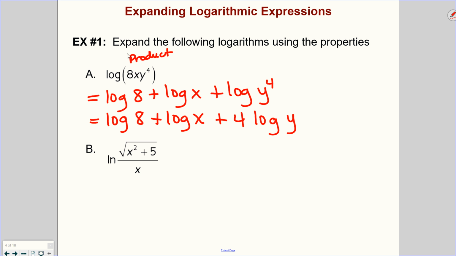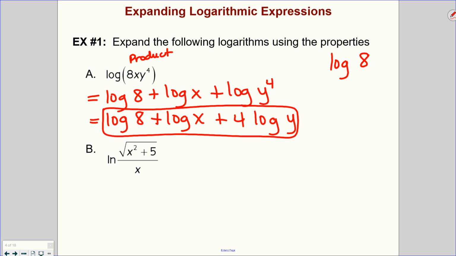Now, we could do something with log 8, possibly, and so sometimes when you're trying to simplify, you may have difficulty. This answer is fine, but sometimes you're doing a problem and you wrote log 8, and then you go look at the key, and the key does not have that. So here is sometimes what happens. We can write 8 as log base 10 of 2 to the third.